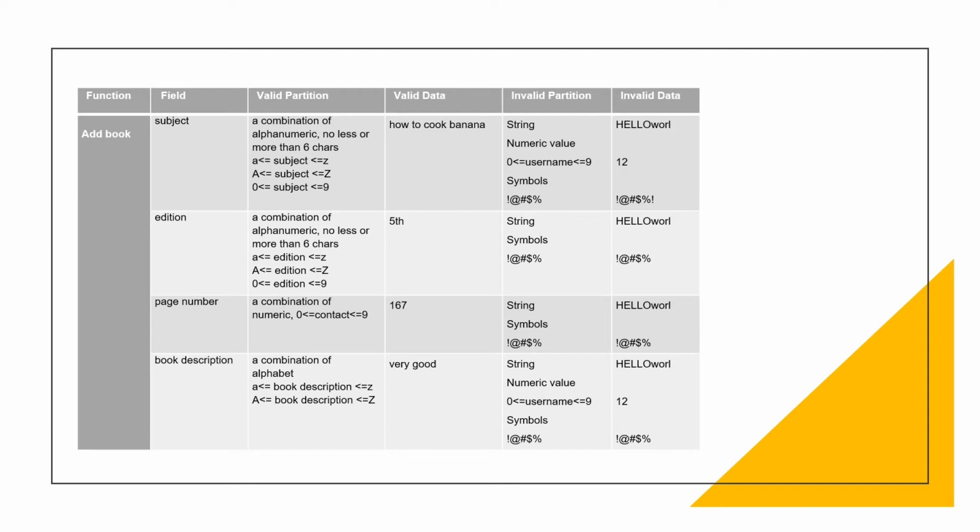Then the next one is page number. Page number of course can only have a combination of numeric. Then the next one is book description. This one can have a combination of alphabet, numeric value and symbols, but cannot only have string or numeric value.